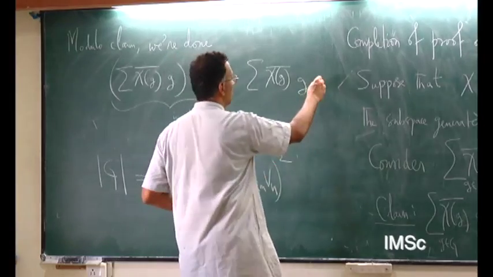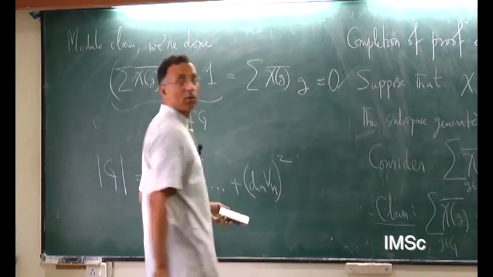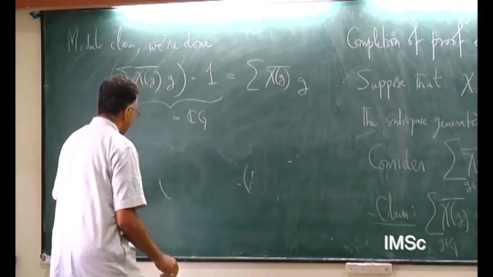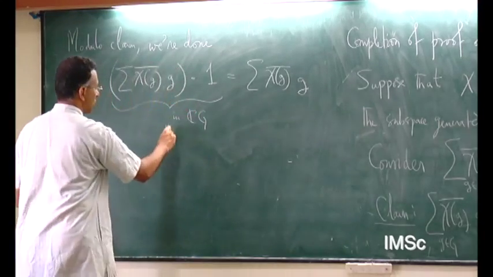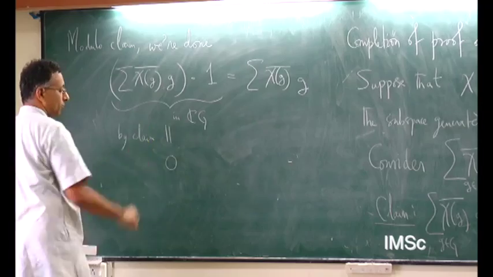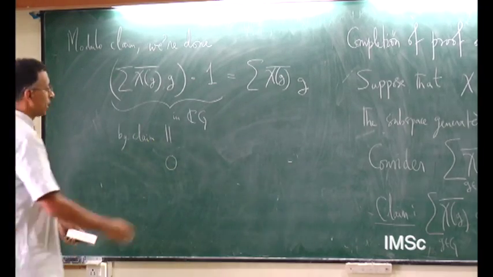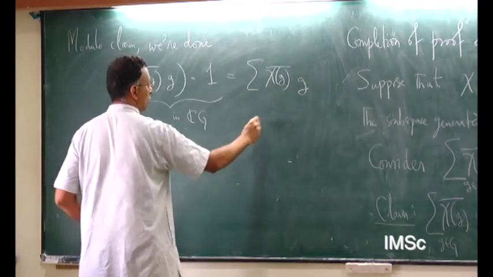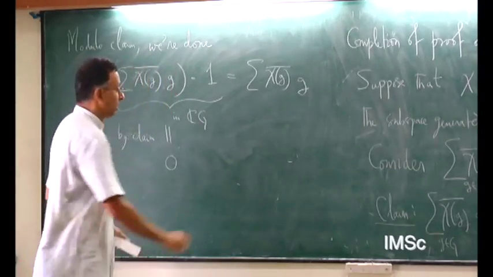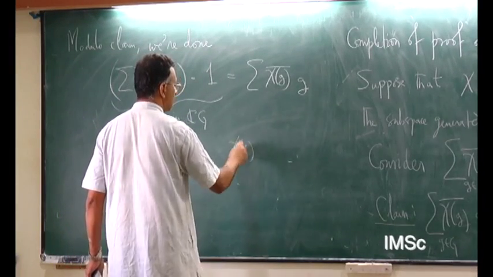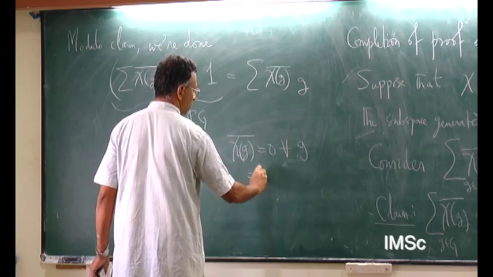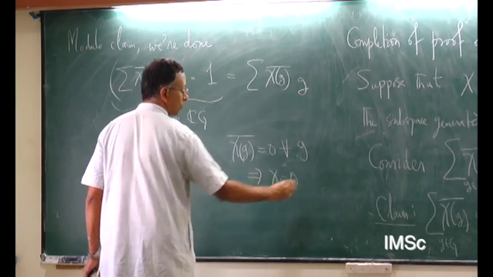So on the one hand it's equal to 0, on the other by the claim. Comparing these, because G forms the basis of CG, you will show that chi of g bar equal to 0 for all g implies chi is 0.